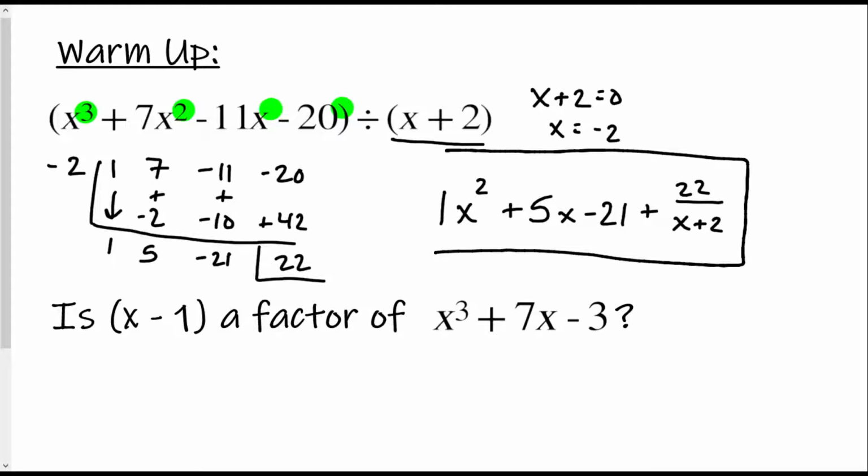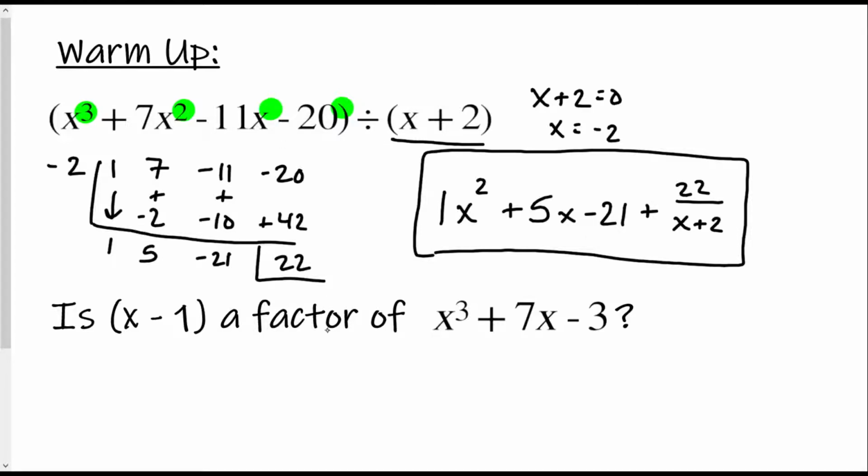Okay, so that's an example of one where we do the division and we have a remainder. Because we have a remainder, we know that this polynomial isn't really divisible evenly by x plus 2. And because of that, we know that it's not a factor.